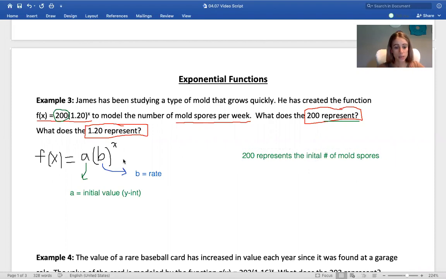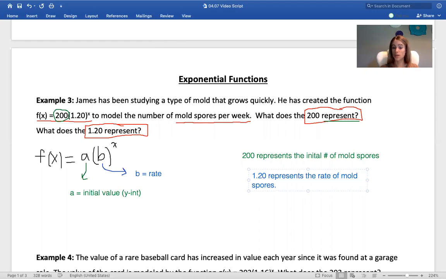All right, now b, well, we know mathematically b is our rate, but again, it says represent. So I want to know what it means in the story. So 1 and 20 hundredths represents the rate of mold spores. Now we can be even more specific, because if we have 1 and 20 hundredths, is it growth or decay?